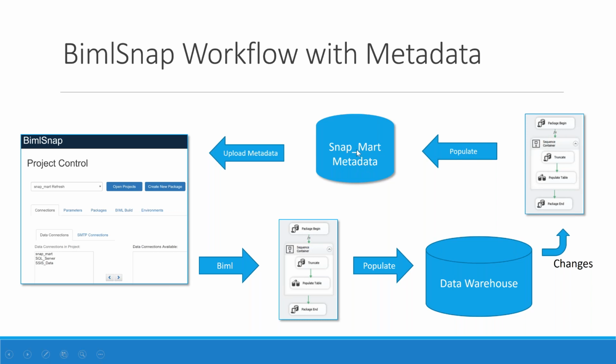You get the DDLs for that. You upload it to the website. It now understands your schema, your tables, your columns. Now you can generate your Biml using drop-downs that understand your data, as well as critical information such as type 1, type 2 for code generators. And then you would run that, populate your data warehouse, and so that would be the overall workflow.